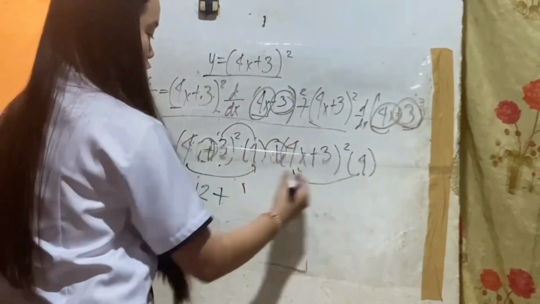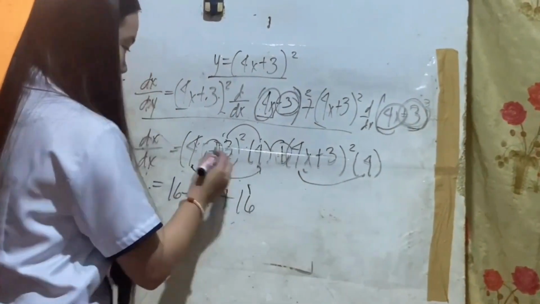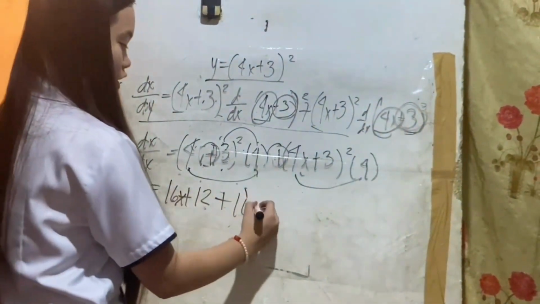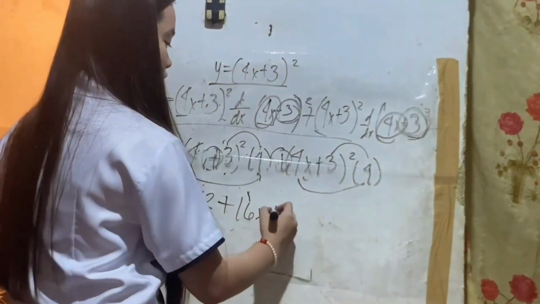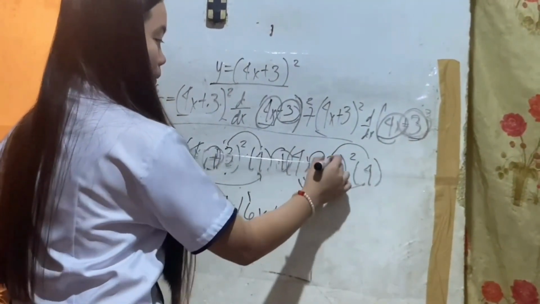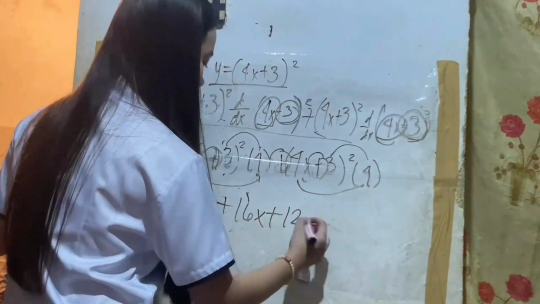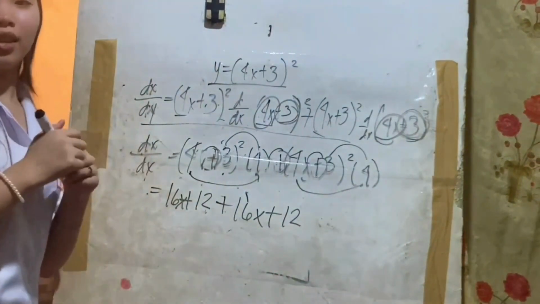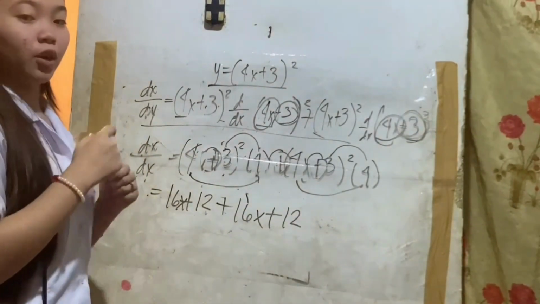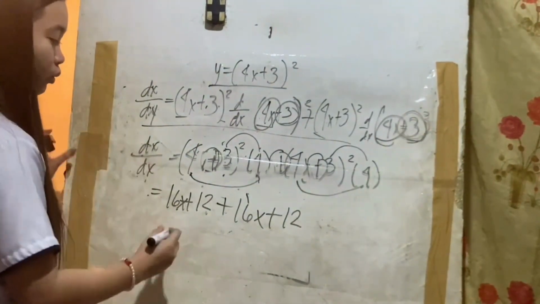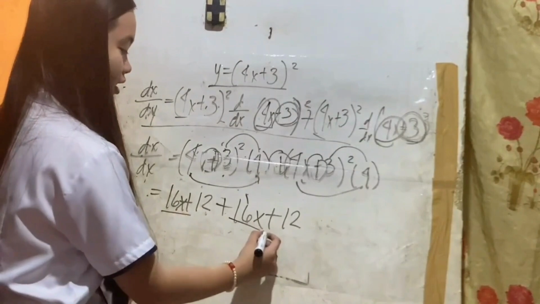Then 4 times 4 is 16, and we copy the x, 16x. Then 3 times 4 is 12, and we copy the sign again. Then 12. After we multiply the numbers, we will combine the terms with and without exponent, which is 16 and 16 and 12.